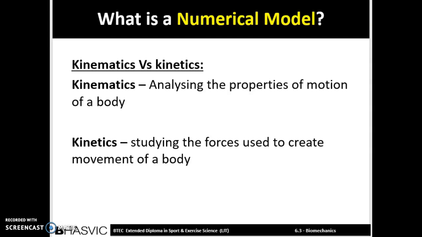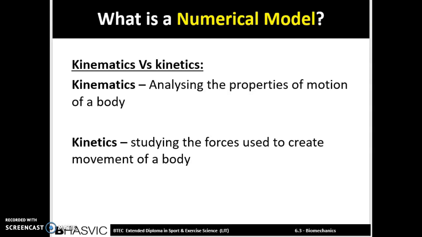It's important to know the difference of kinematics compared to kinetics. Kinematics is analysing the properties of motion of a body. That can be either linear or angular. And when it says a body, that could be a basketball player themselves, or it could be the basketball.